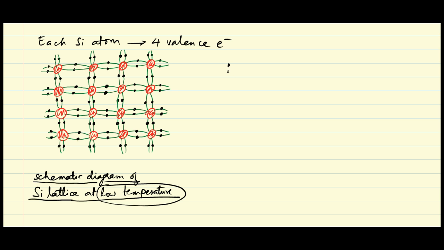So at low temperatures, what happens is these valence electrons are strongly bound to their atoms, and hence they cannot move from their own locations when we apply an electric field.